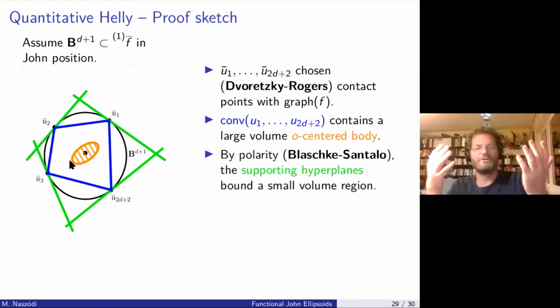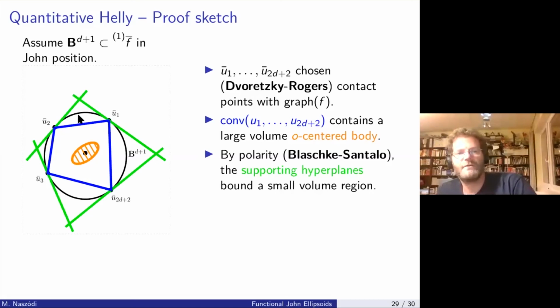So take the polar. If the blue set, the convex hull of the contact points, contains the orange set, then the polar of the blue set, which is this nice green polyhedron, is contained in something whose volume is bounded from above.